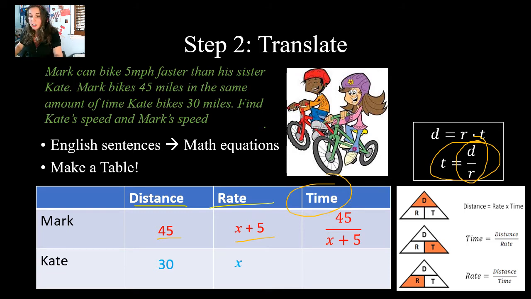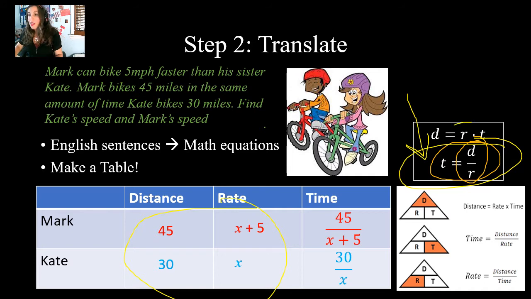And then for Kate, we know her distance is 30 miles, and her rate is X. We called it X. So her time is going to be 30 divided by X. All I did was take the information I had and plug it into this formula that we just generated. That's it. That's all I've done. And that allows us to solve for time.